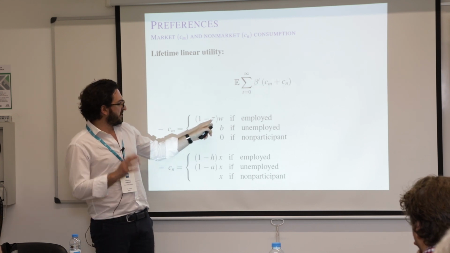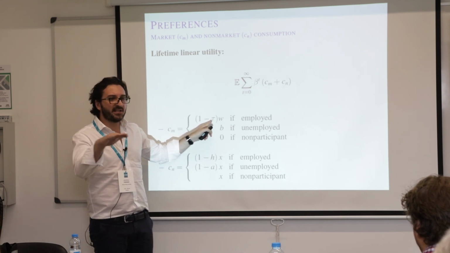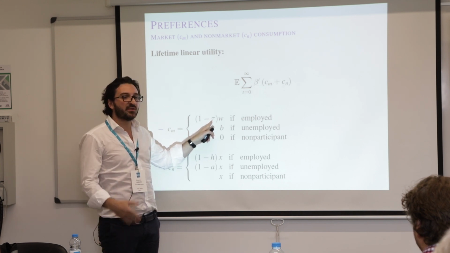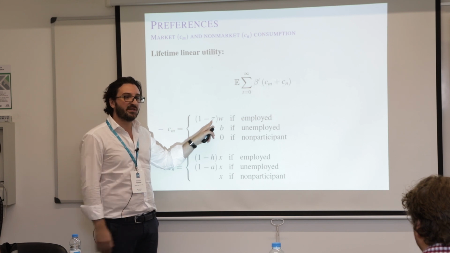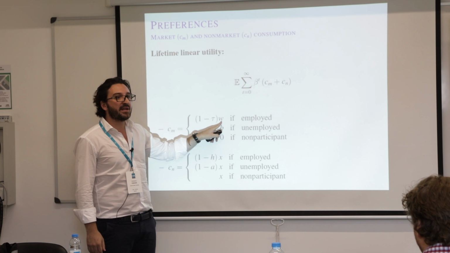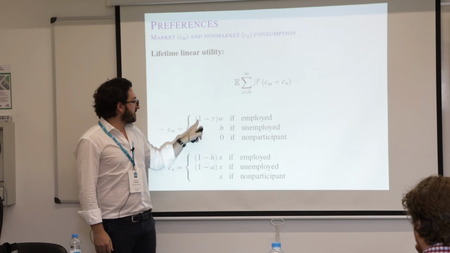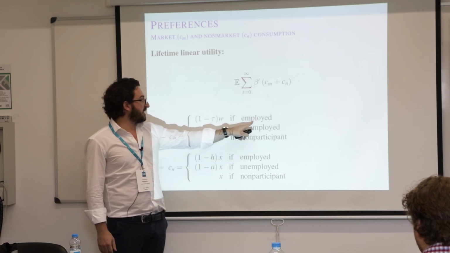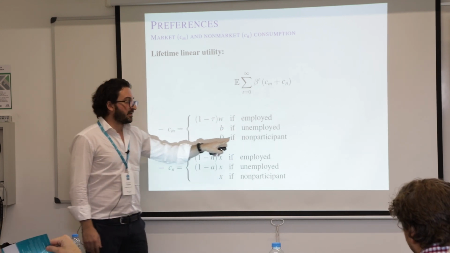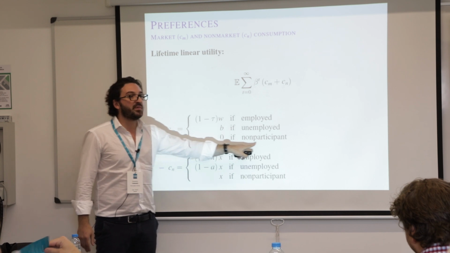For now, think of the tax rate as fixed. When we go to the policy experiment, this is going to depend on the stochastic properties of the shocks to productivity. But from now on, think it is fixed. The wage is going to be determined by Nash bargaining. So 1 minus tau times the wage if employed, b if unemployed, and 0 if non-participant.